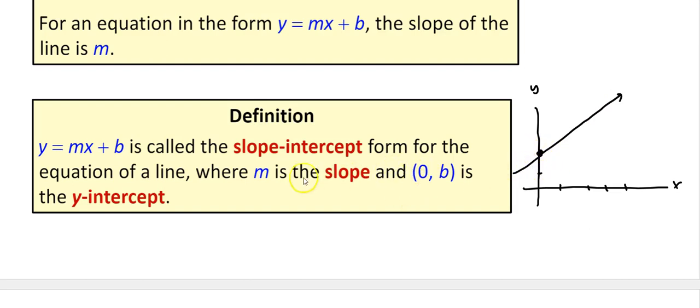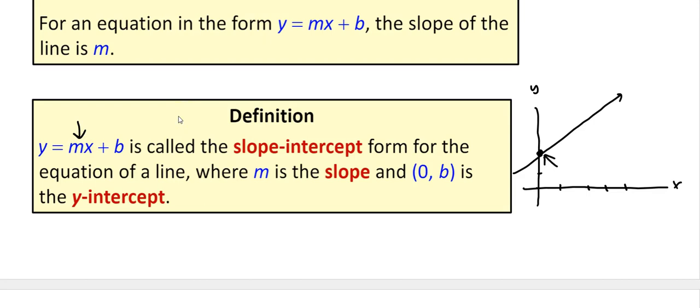The reason they're saying m is the slope and b is the y-intercept: this would be b right there, because that's your y on the 0. M, that's your slope. That's what we just learned to figure out, that little rate of change thing. So if you know b and you know the slope, you can put this in slope-intercept form.